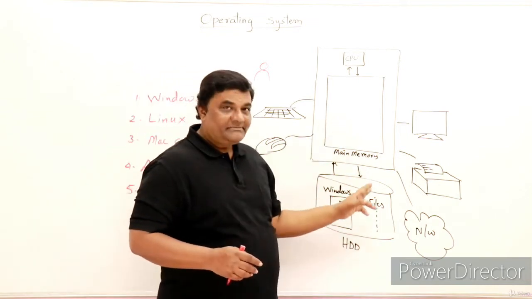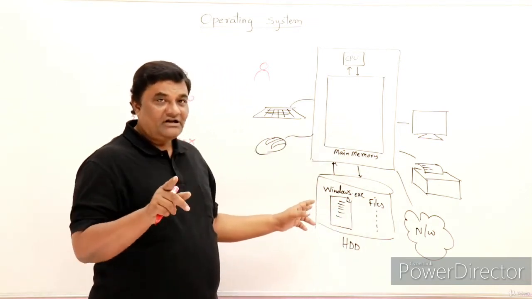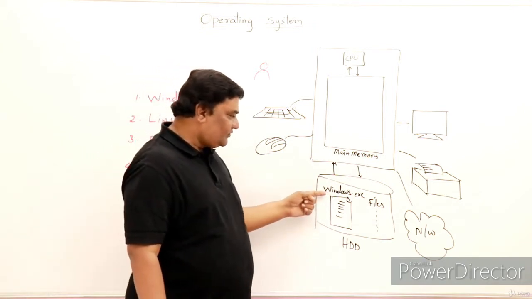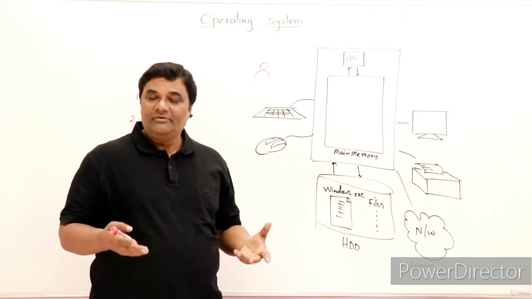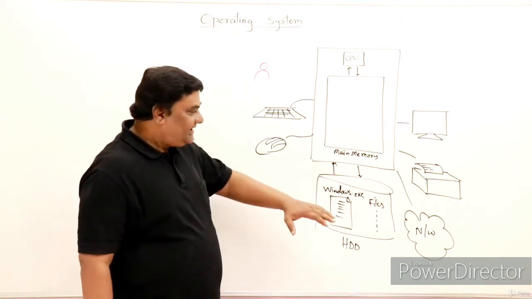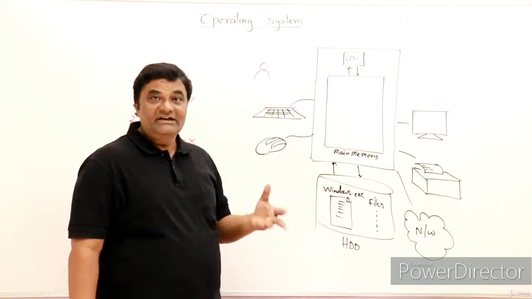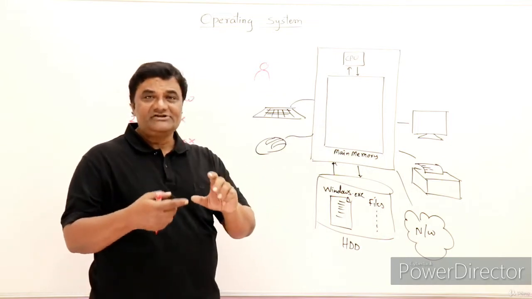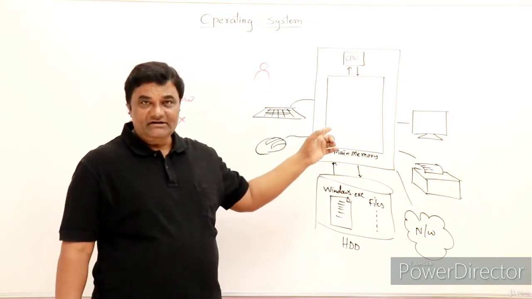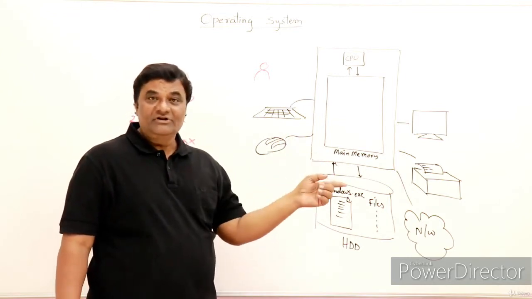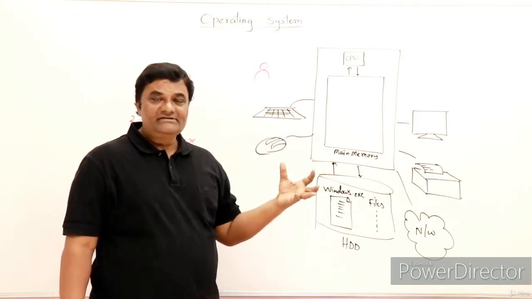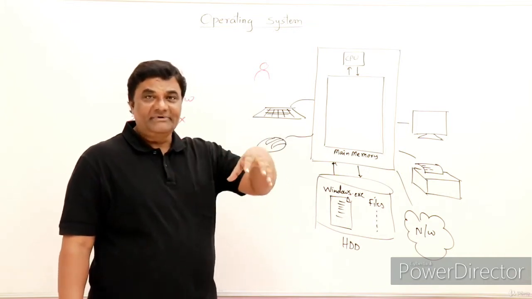The operating system is present in your storage or hard disk. I am showing it as Windows EXE. Windows is also a program, an operating system is also a program, but it gets loaded by itself. The moment you start your machine, the operating system will get loaded and start executing. So your hardware or device gets ready upon the operating system.